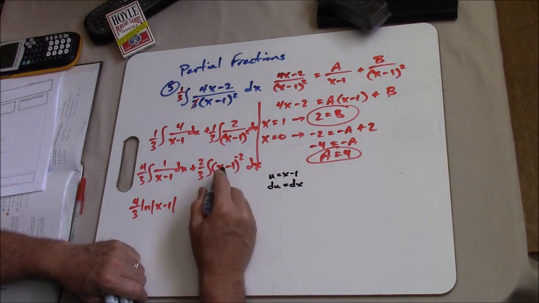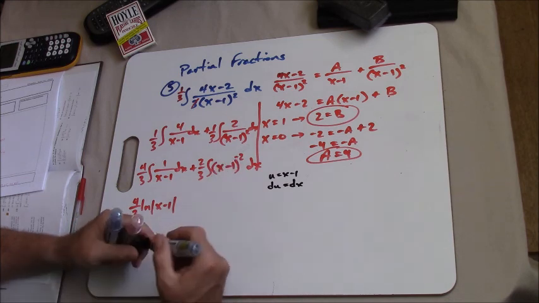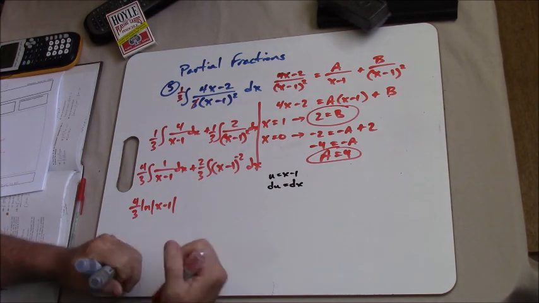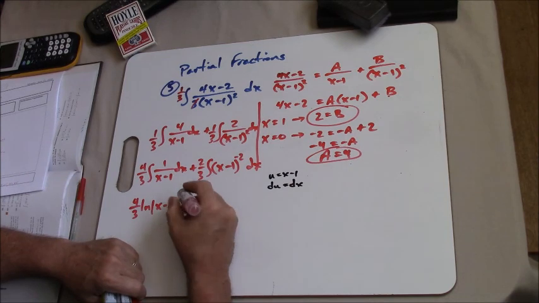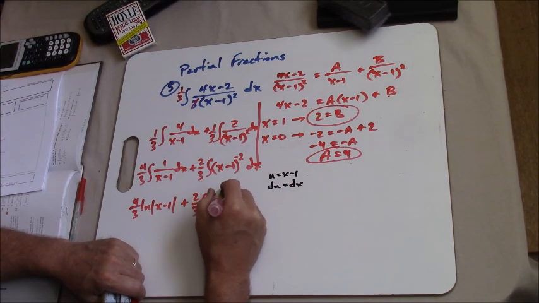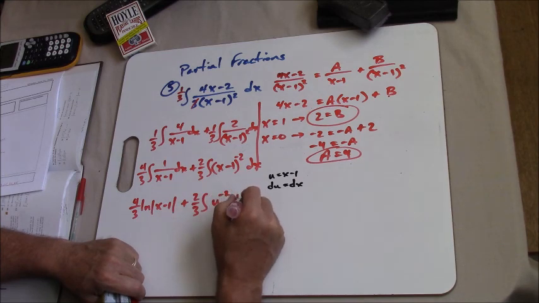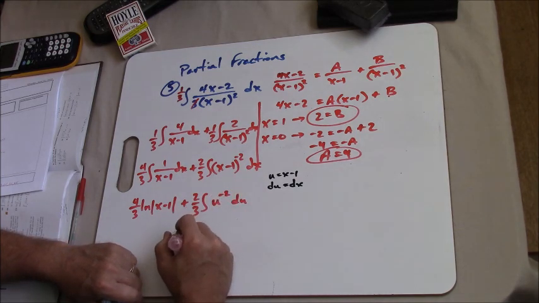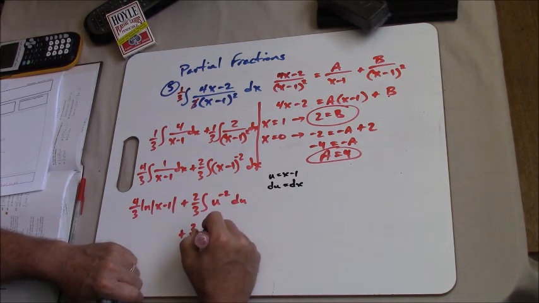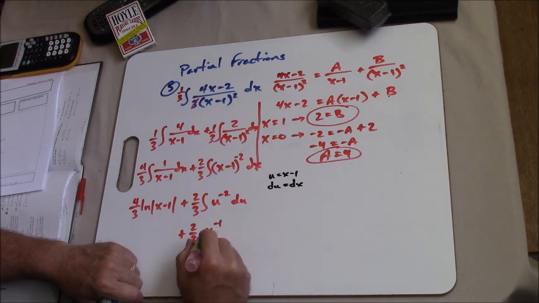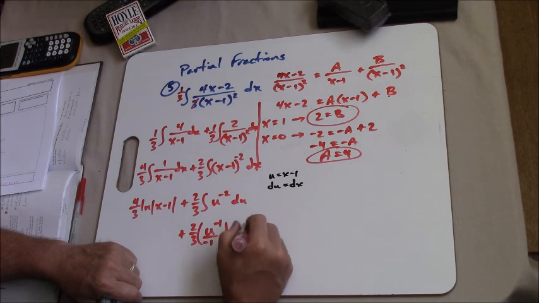This will be u to the negative 2 du. Add 1 to the exponent, I get u to the negative 1. Divide by the new exponent, plus c.